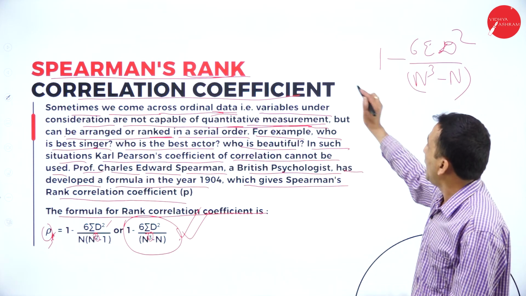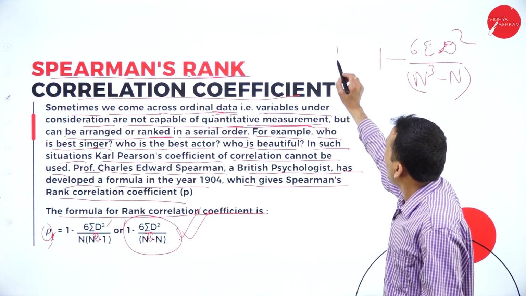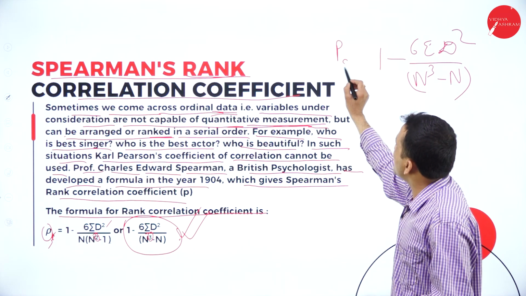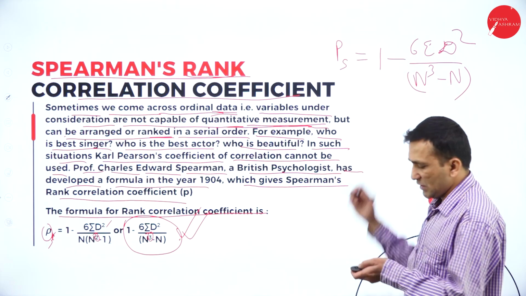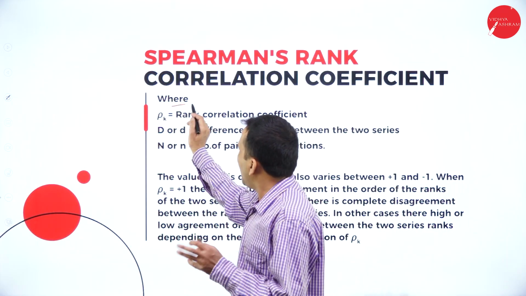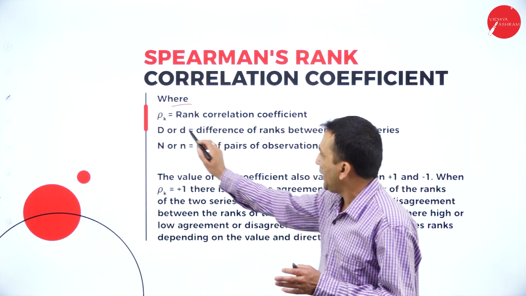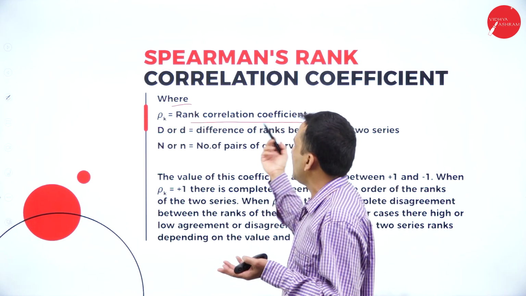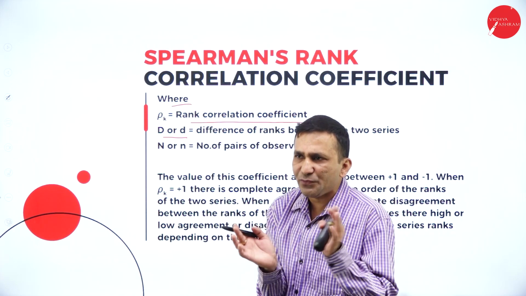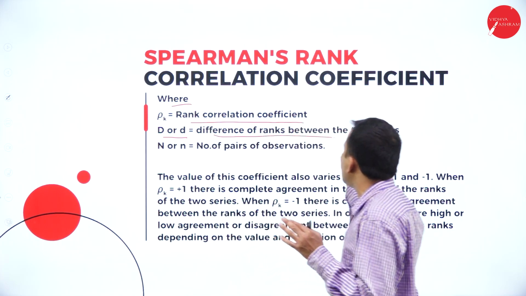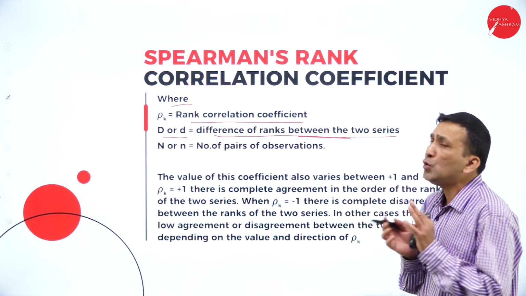Now here we write correlation using Spearman, where Kp is the rank correlation, and d, the small letter d, is the difference we are finding, that is, the difference in rank between the two series.